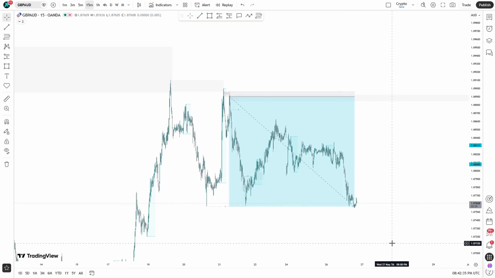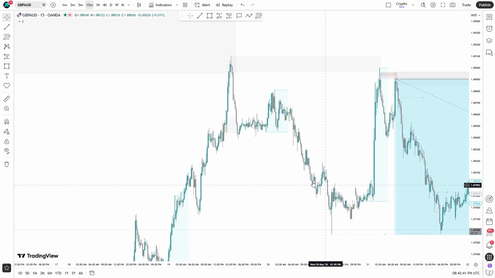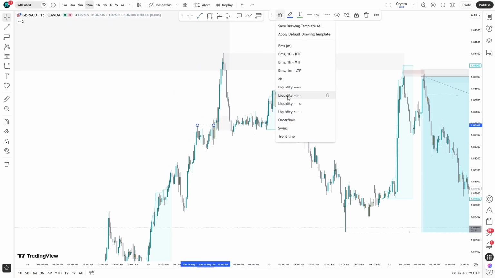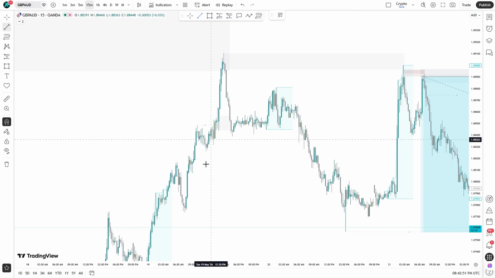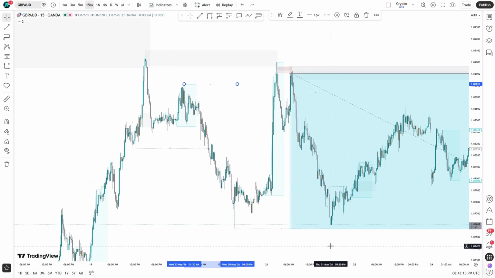So this is the 15 minute time frame. Here we had a very clean change of character in the market. After the change of character, the market used this as inducement to mitigate the supply zone.